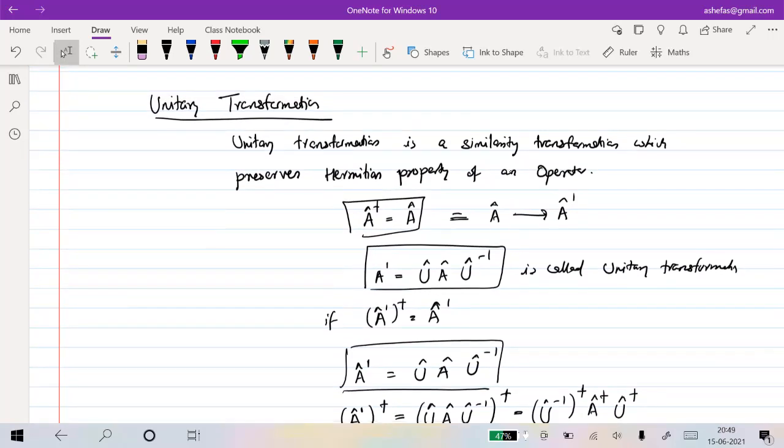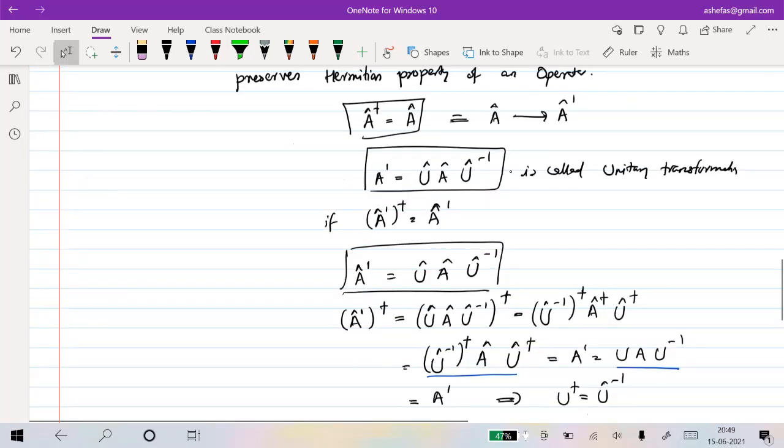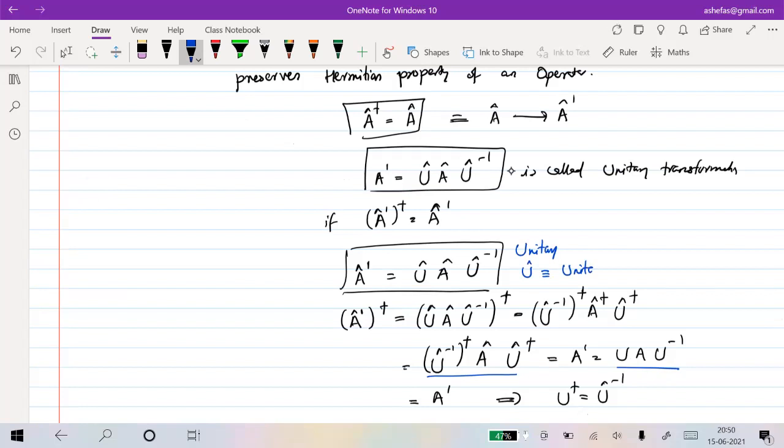Okay, so unitary transformation is nothing but a similarity transformation. Only the extra condition is it has to preserve the Hermitian property of an operator. So if it has to preserve the Hermitian property, then this transformation operator must be unitary. So if A prime is U A U inverse in such a way that this transformation preserves the Hermitian characteristics of the operator, then this transformation is called unitary, and the operator U would be a unitary operator, such that U dagger equal to U inverse.